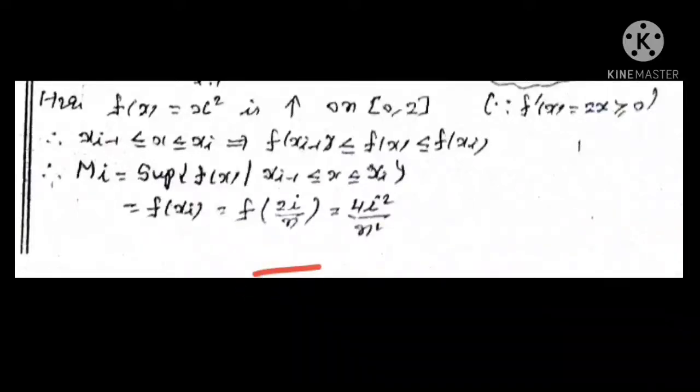Now fx is equal to x square. Therefore, f of 2i upon n is equal to 2i upon n whole square, is equal to 4i square upon n square.